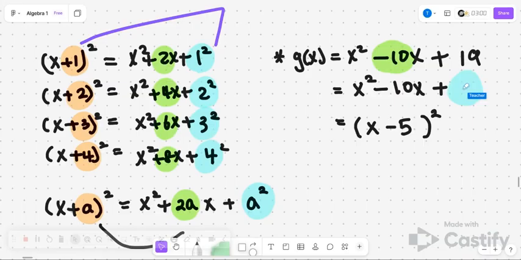And we have to think about the relationship between the orange and blue. Whatever number you have in the squared form, you square that to get the number highlighted in blue. So we're going to square this: 5 squared, which is 25, right?